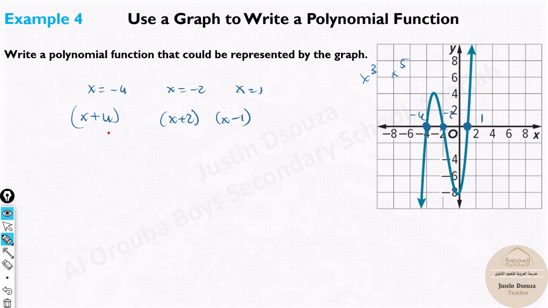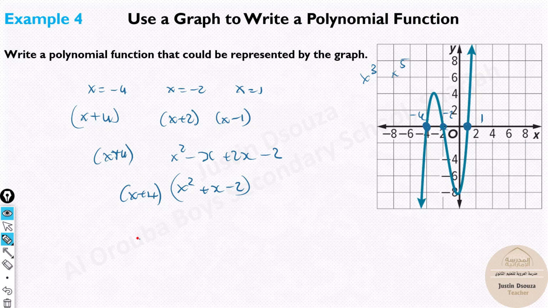Now, in order to find the equation, all you need to do is multiply them. Right? These are the three solutions. Multiply all of them, you will get the equation. So I will do these two first. It's going to be x squared minus x plus 2x minus 2, and solve it up. It will be x squared plus x minus 2. Now don't forget the other term, it's over here only, x plus 4. Now just multiply them both, x plus 4 here.